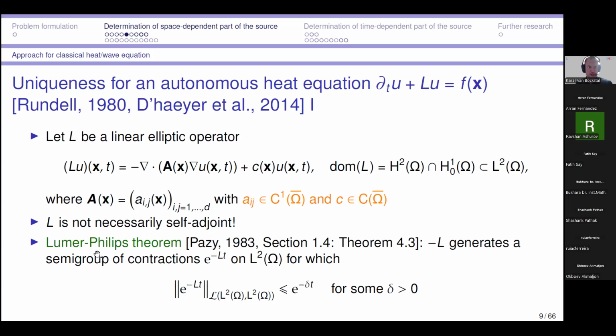So from the Lumer-Phillips theorem, it follows that minus L generates a semigroup of contractions, such that in fact the norm of this operator for any t will be strictly smaller than 1. So what we do is we apply here semigroup theory.